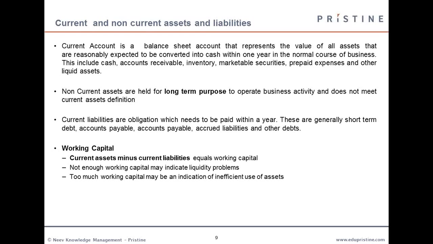Say you have 20,000 cash and you have current liabilities of some 15,000. So you are effective enough to satisfy the current obligations that you have. Even after paying the current liabilities of 15,000, you have 5,000 cash in hand, which can be good or bad, as I will explain now.